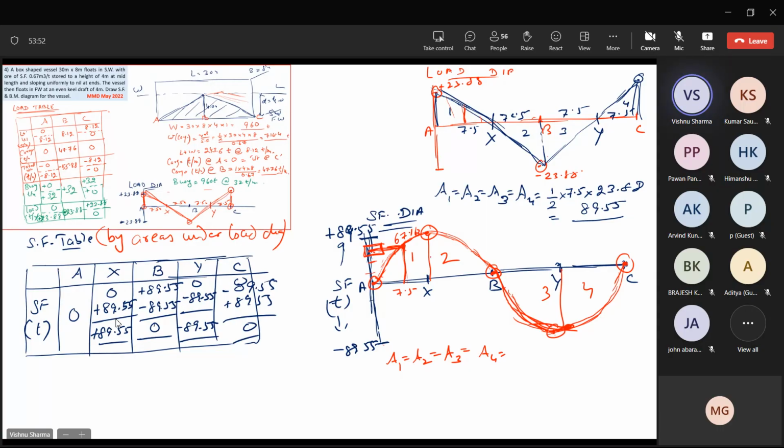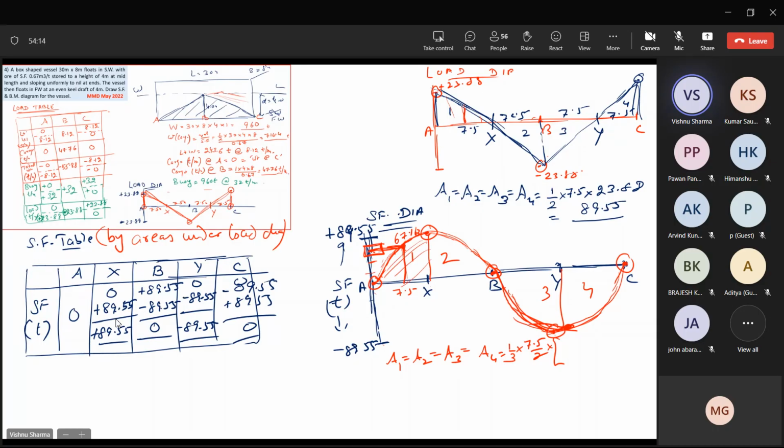So if you have to calculate this area by Simpson's rule 1, coefficient is 1 by 3. Common interval is 7.5 by 2 because AX is 7.5. So common interval will be divided by 2 into sum of products area. We can't make a table and fill up pages now, beta.